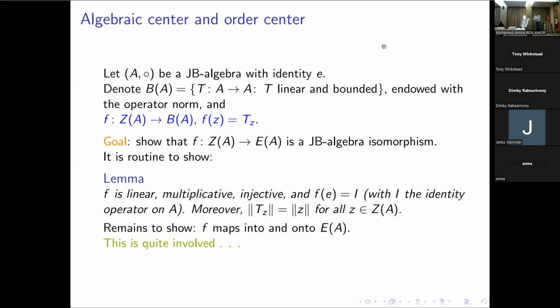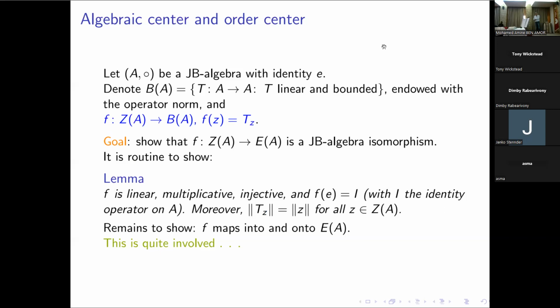Well, many things are simple. It turns out that this map is linear, multiplicative, and injective. It maps the identity of A to the identity operator, and it also preserves norms. All of this is routine to write out, not so difficult.